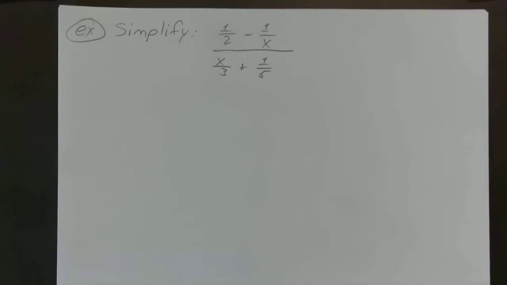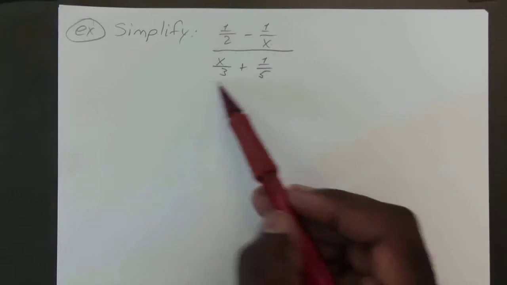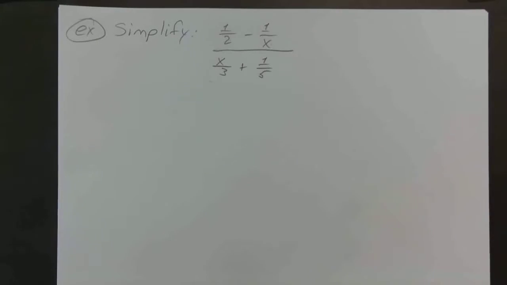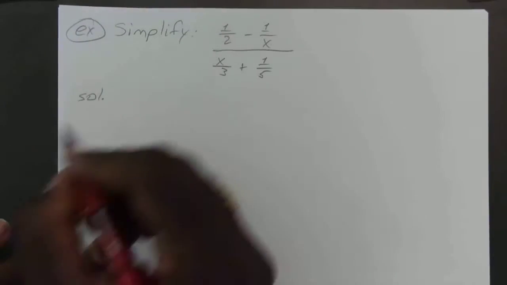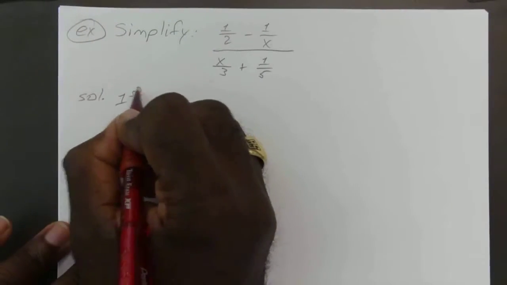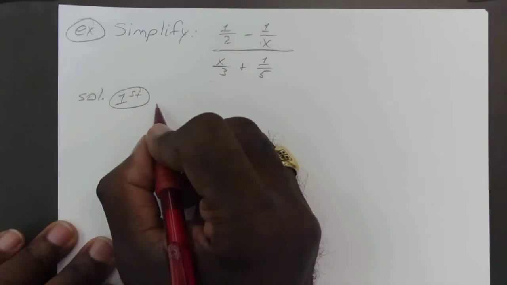Okay, so in this one you actually have to do the first step because now you have two fractions up here and two fractions in your denominator. So you want to have just one fraction in both of them. Okay, so the first thing you're going to do is subtract your numerator.